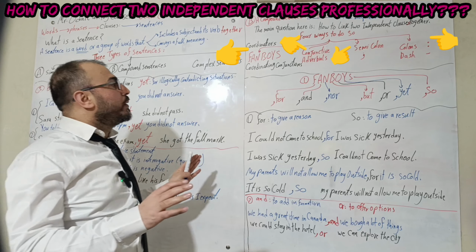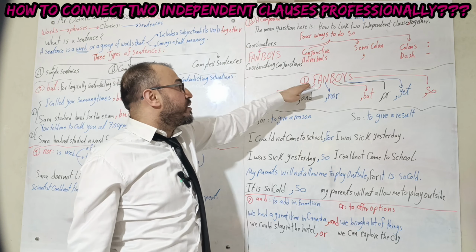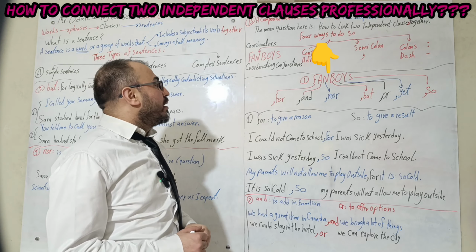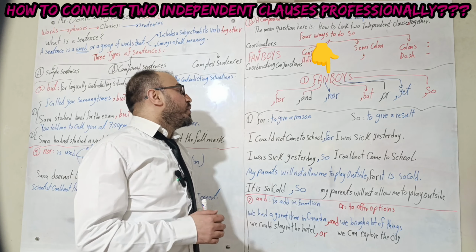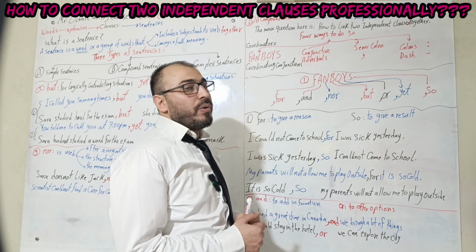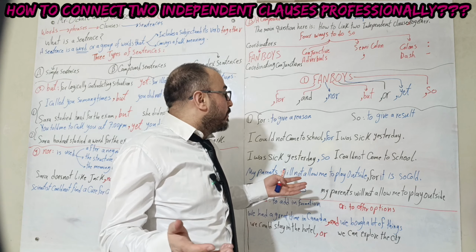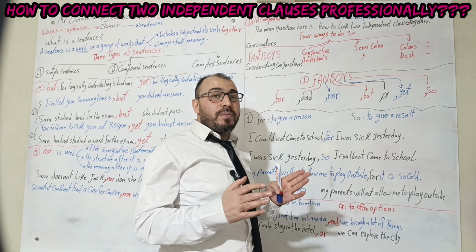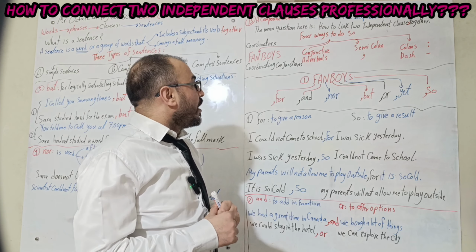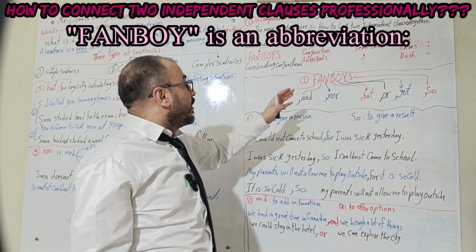Today, my friends, we are going to concentrate on using coordinators, or what a lot of grammarians prefer to call the fanboys. Generally, my friends, I don't know where this abbreviation comes from, but it has been very useful for students to memorize those linking words.